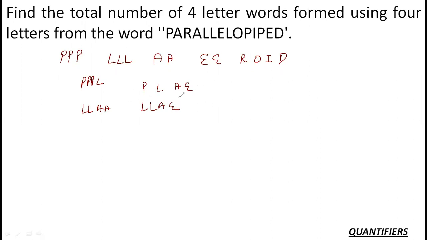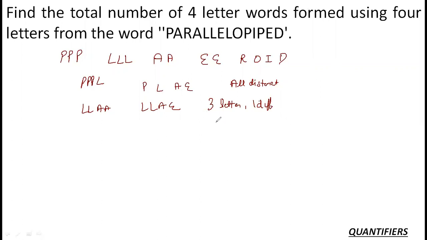Basically, what do I want to say? That there are four cases possible. What are the four cases? That all the alphabets are distinct. One case could be three letters are same and one is different, for example PPPL.